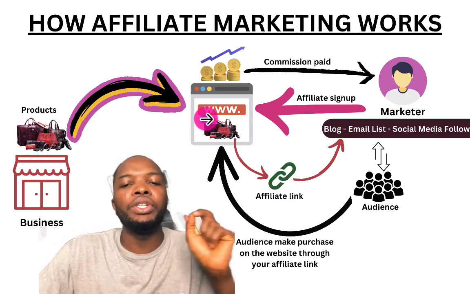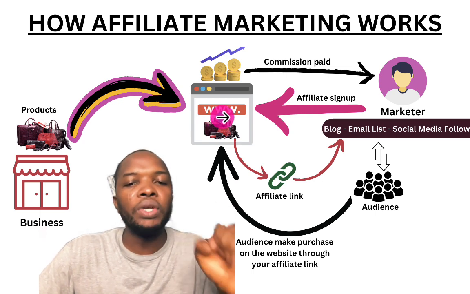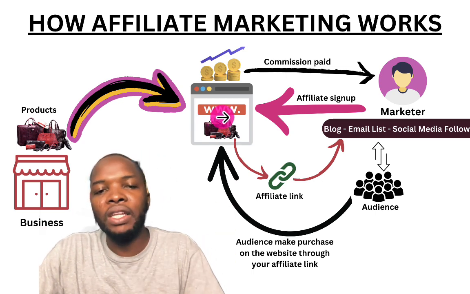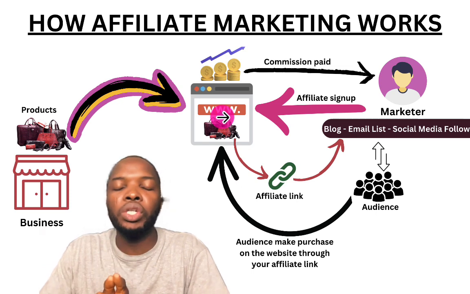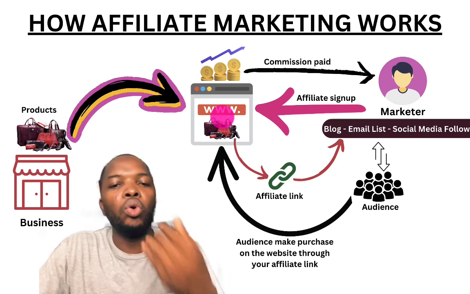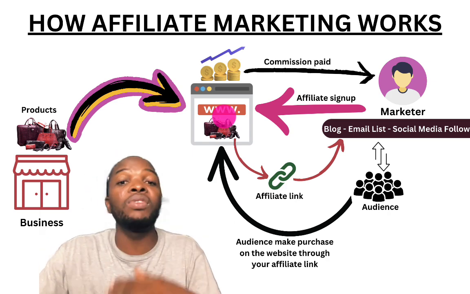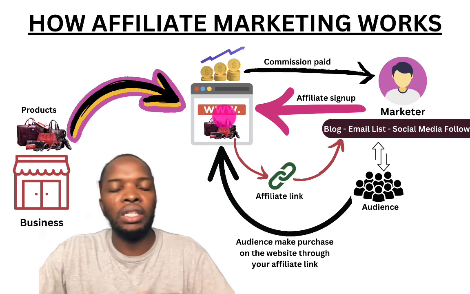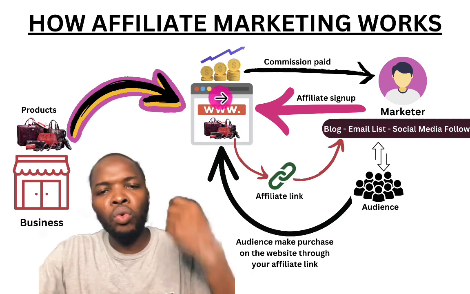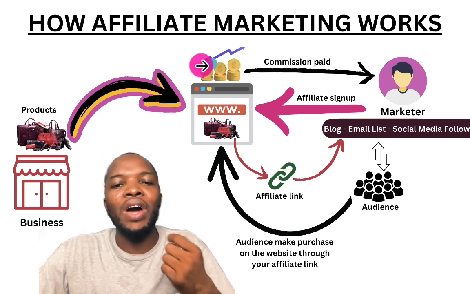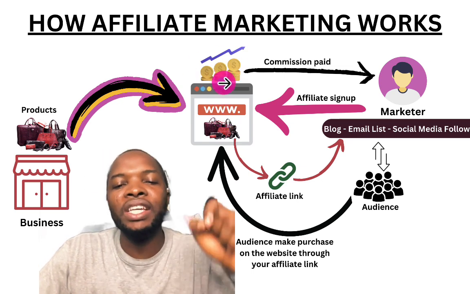And the commission will be determined by the business or the affiliate website. So in some situations, the commission could be as low as 10%, or even 15, 20, 30, or even as high as 80%. So the commission you are earning will be deposited in your account in the affiliate website.